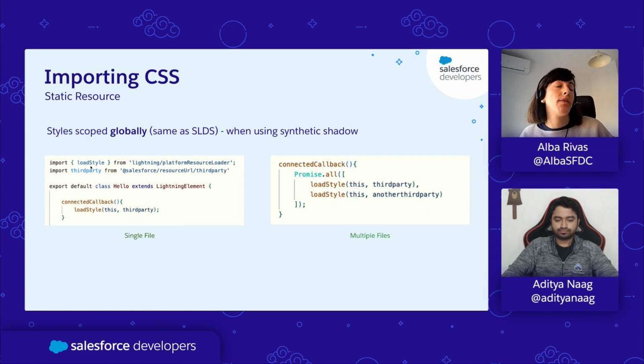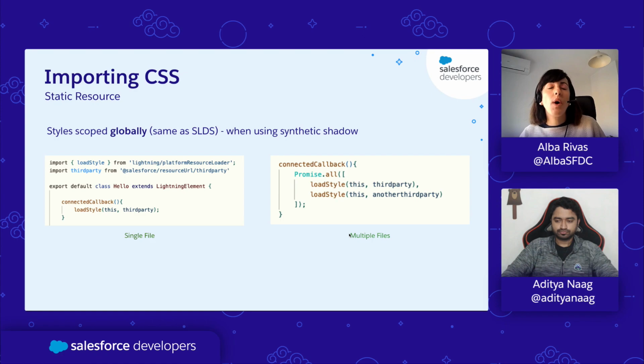The function that we use from this module is loadStyle, and loadStyle returns a promise because it loads your styles asynchronously. If you want to import a single file, you can just invoke the function and that's it. But if you need to load different styles, you can use the Promise.all method so that your styles load in parallel.